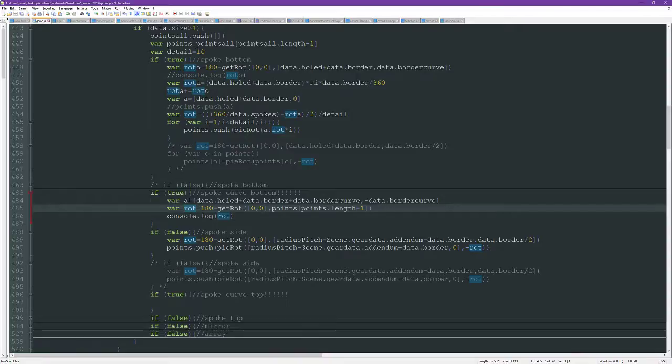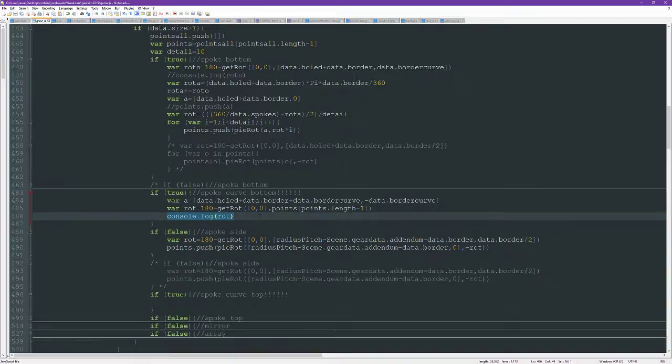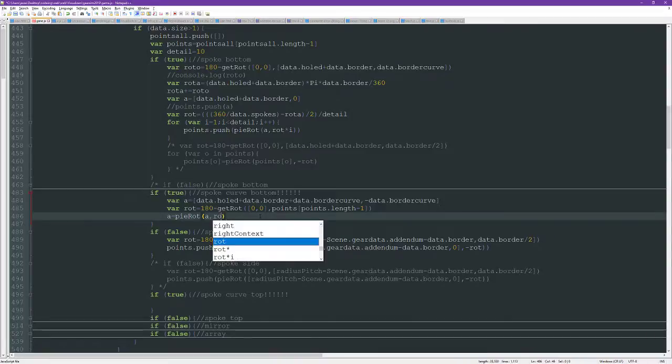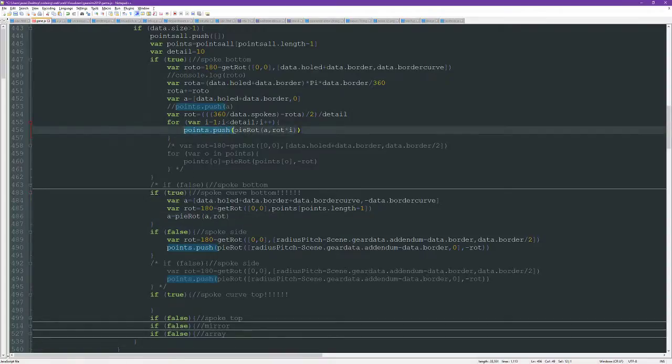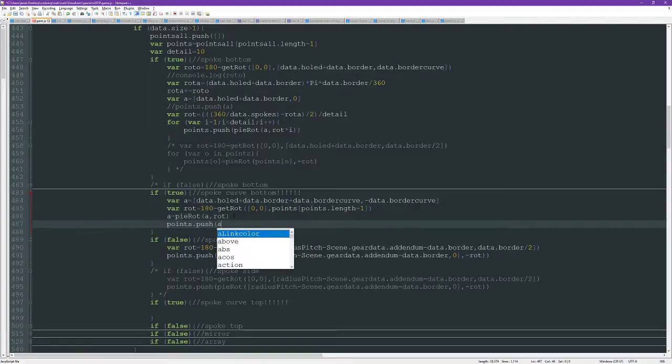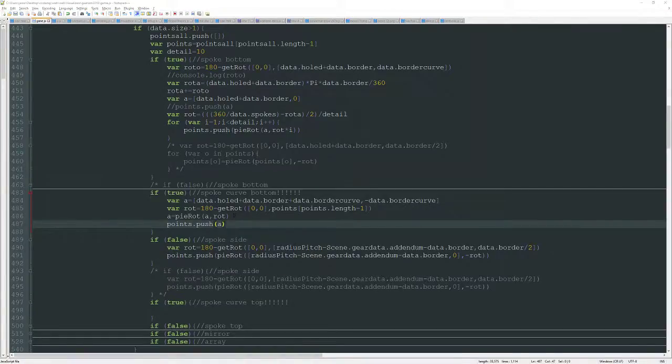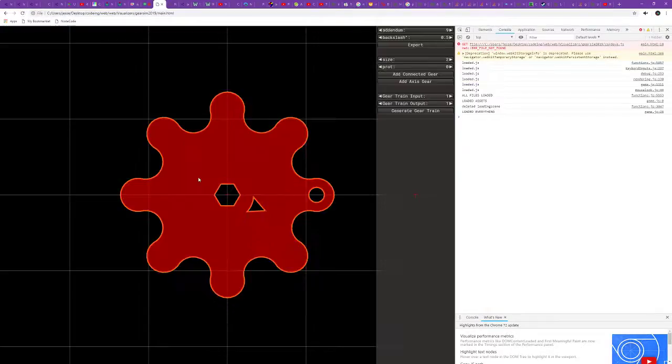So that's how far I want to rotate that thing around. We're assuming this is going into the right place. Just to check, I guess we could just push it to points. And that'll draw a line to where that is.